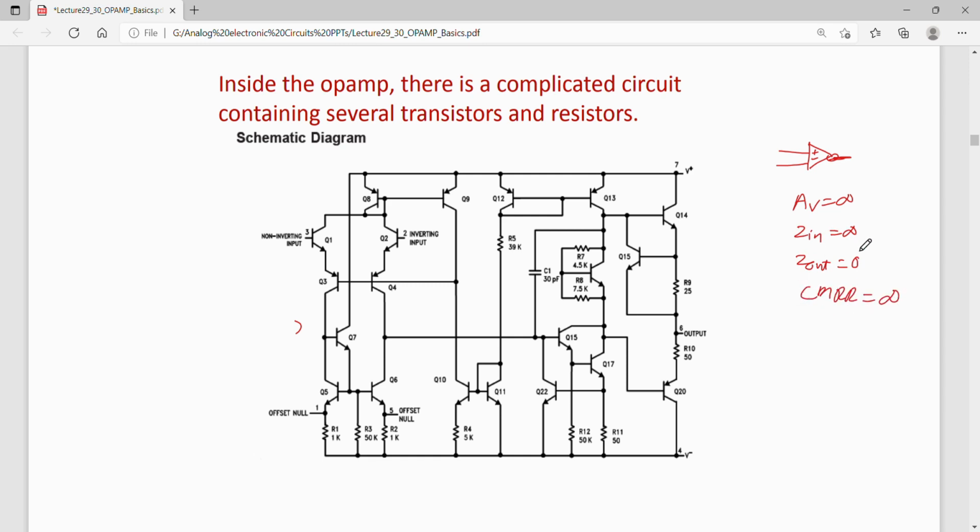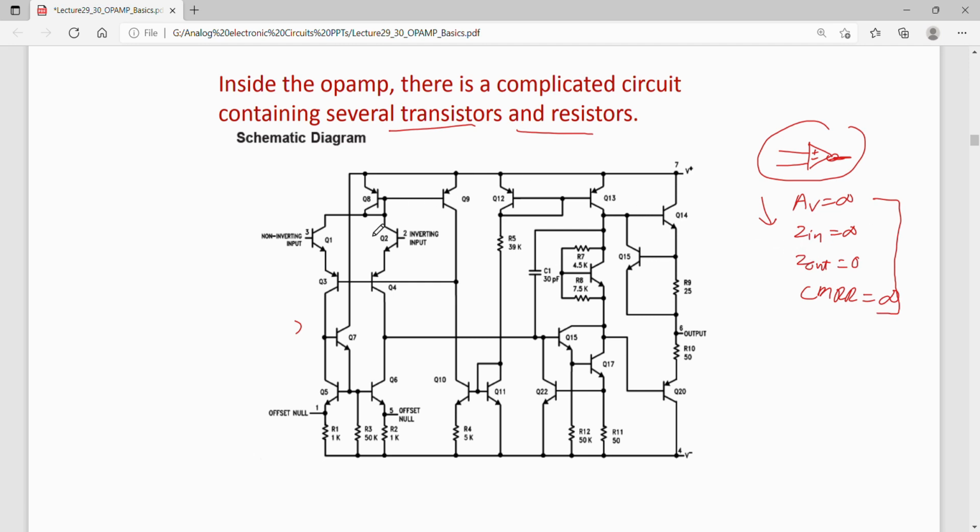To match all these properties one has to modify our differential pair to result in an op-amp with these properties. So now my circuit becomes a complex circuit. This op-amp is a complicated circuit which contains several transistors and resistors just to match these ideal parameters.